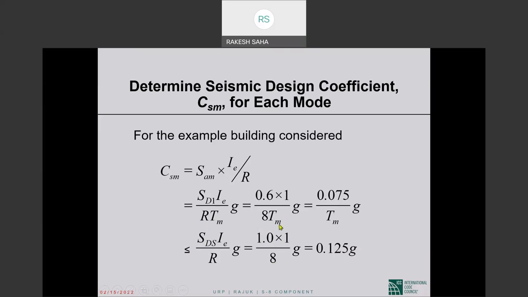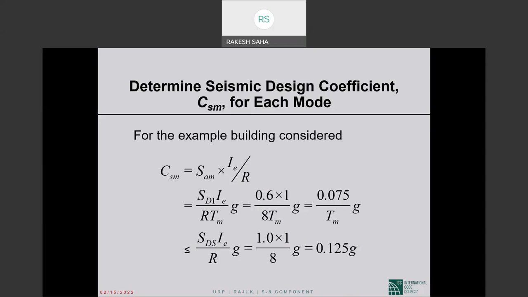So we are doing this example for a location where S sub DS is equal to 1 and S sub D1 is equal to 0.6. I should have mentioned it. It probably was on an earlier slide and I missed it. So we are using the ASCE 7 spectrum. Our S sub DS value is 1.0. Our S sub D1 value is 0.6.